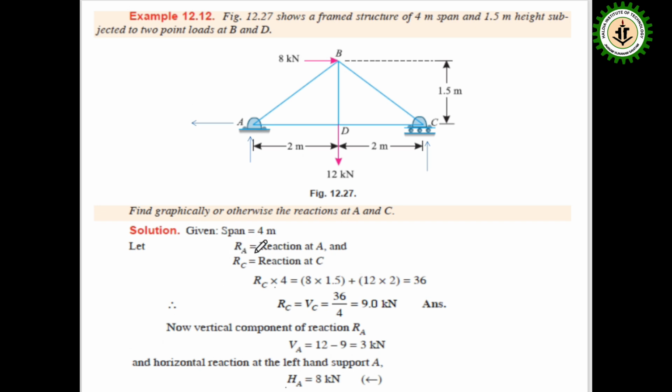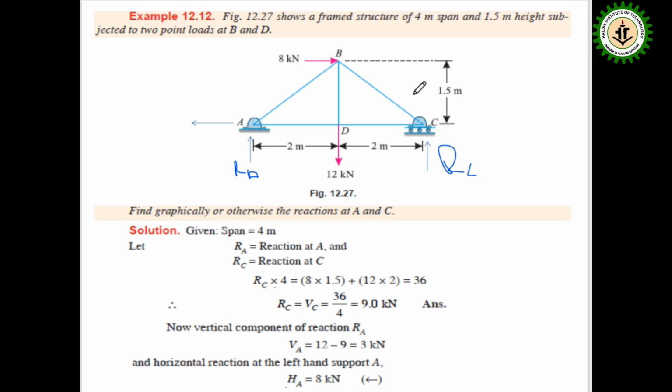The reaction force at A is RA and the reaction force at C is RC. To calculate the reactions, we have to take moment at point A.